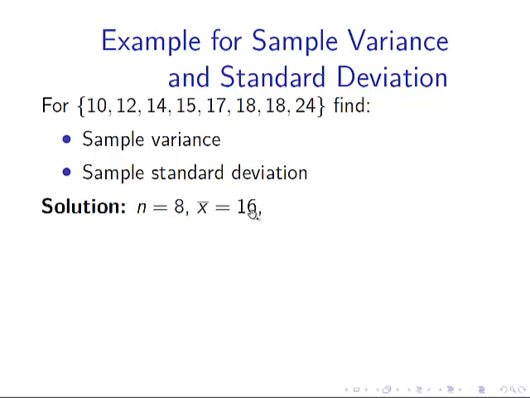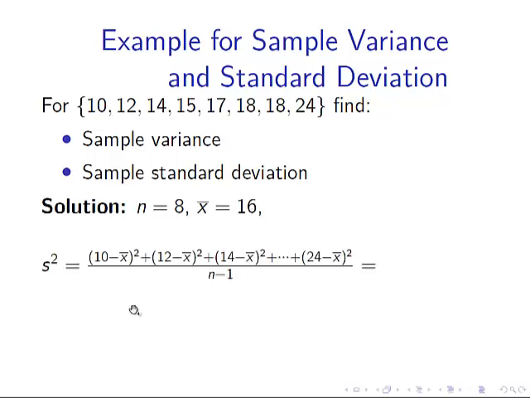We obtain 16. Next, from each number, you subtract the sample mean and find the square. You see, 12 minus sample mean squared plus 14 minus sample mean squared plus, and the last, 24 minus sample mean squared.